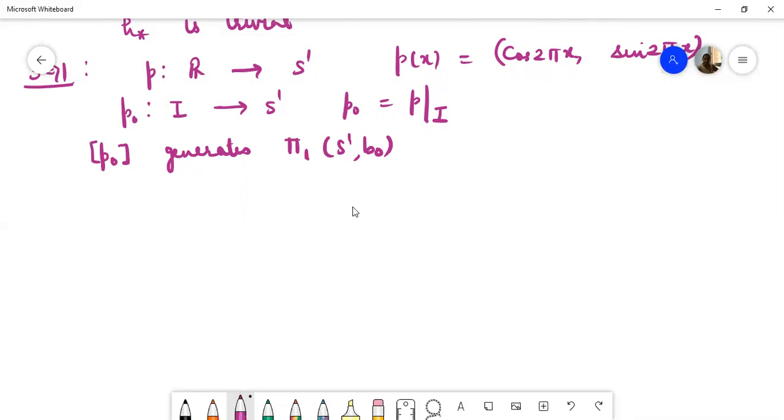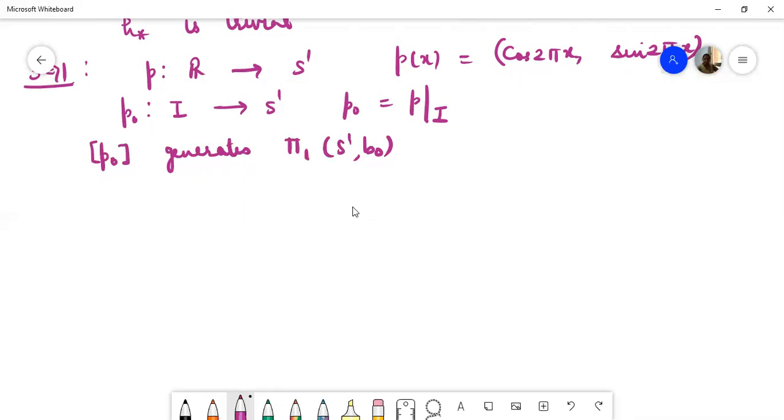And secondly, we know this P naught is a loop based at the point B naught, where this B naught is the point (1, 0) on the circle S1. And we know this P naught is a loop in S1, which begins and ends at B naught. So if this is a loop, then it will be an element which generates pi 1 S1 B naught, because this group is cyclic and generated by this loop.